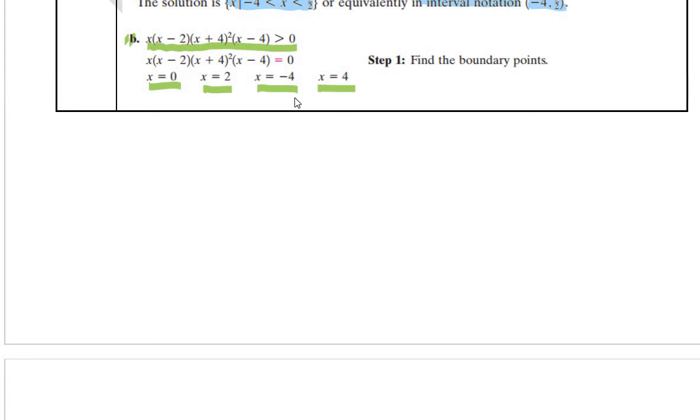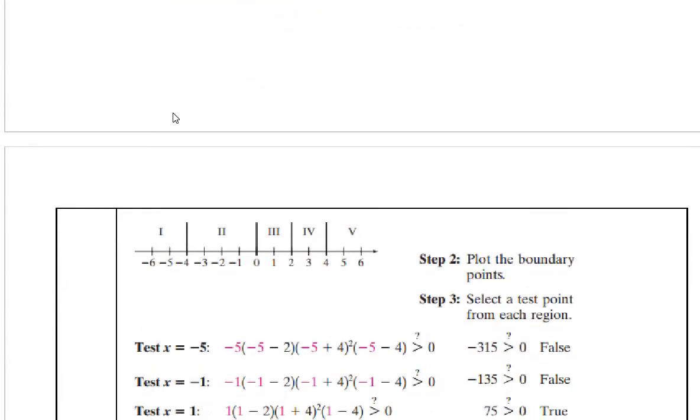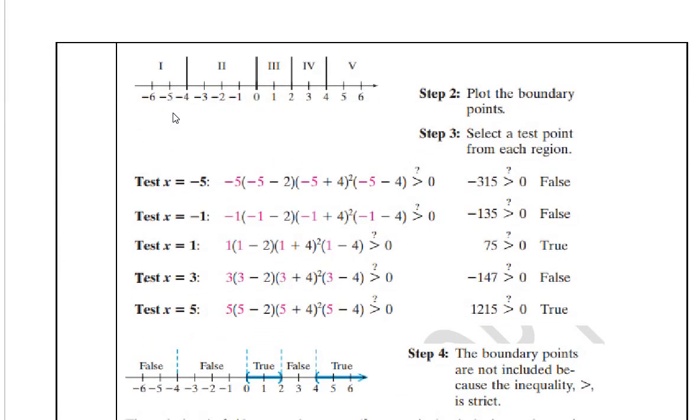The problem here, the one that we must be careful of, is this square here. That's the one that is giving the problem, so we must be very, very careful. Okay, so let us look now. It divides it up now into 5 regions, because we have 1, 2, 3, 4, 5 regions here.